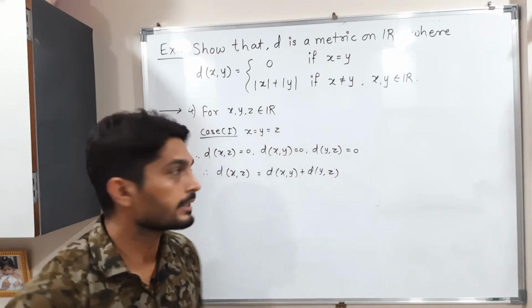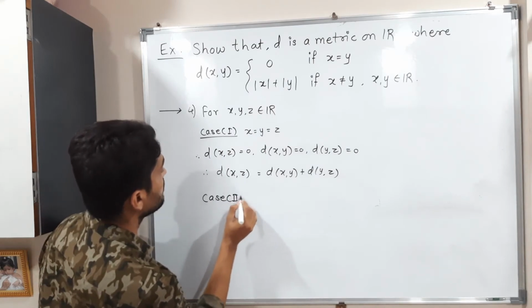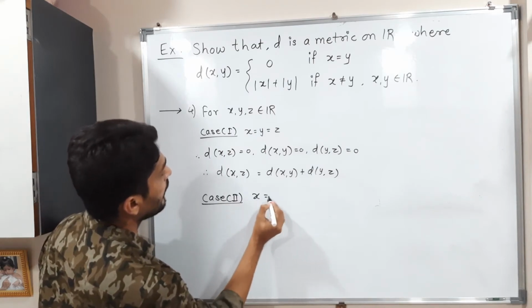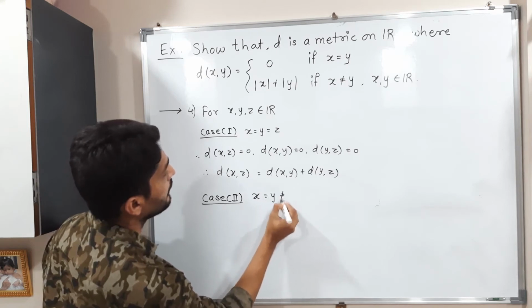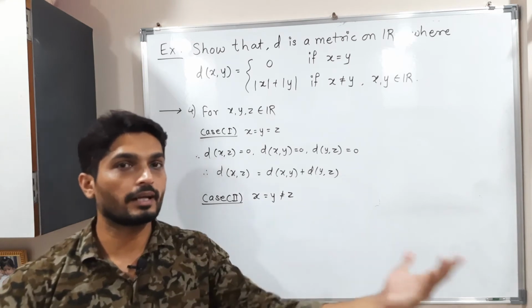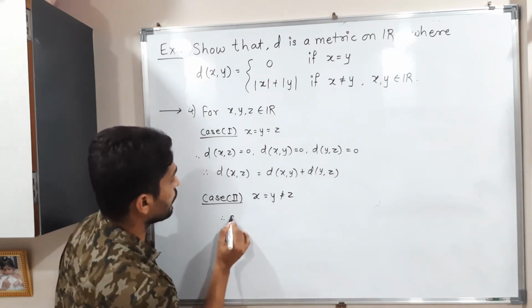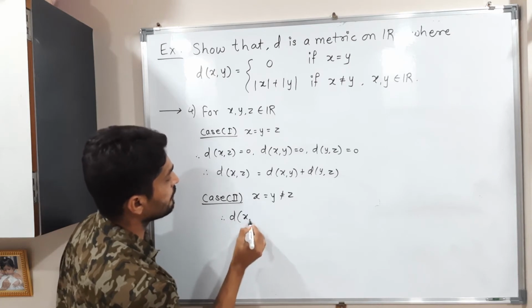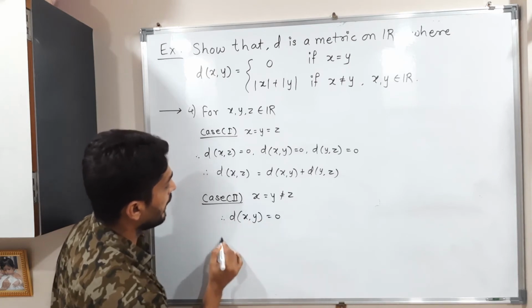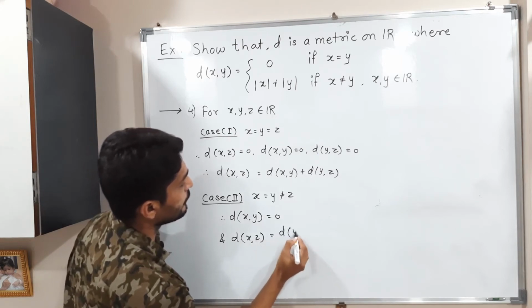Can you guess the second case? The second case is obviously x is equal to y, but y is not equal to z. That means these two elements are equal, but they are not the same as z. So in this case what will happen? x and y are equal, so d of xy is 0, no doubt, and d of xz is the same as d of yz.